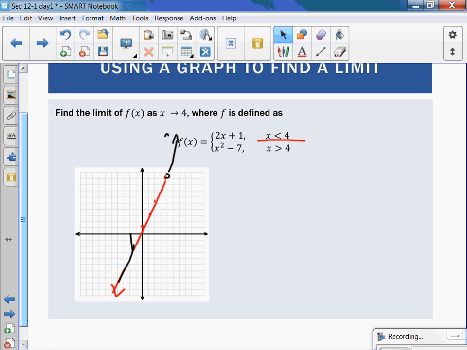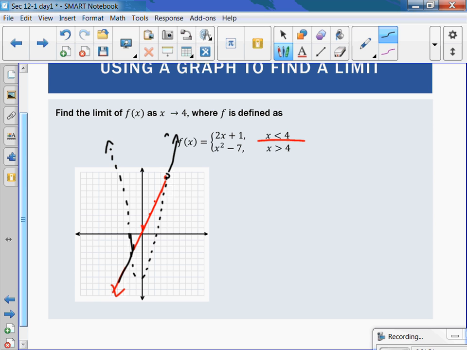That's what a piecewise function is, right? That's my parabola, but it only starts where? Not right at 4, it starts right after 4 because it's strictly greater than. It's not greater than or equal to, so I can't close up that circle. I still have to keep that open circle.